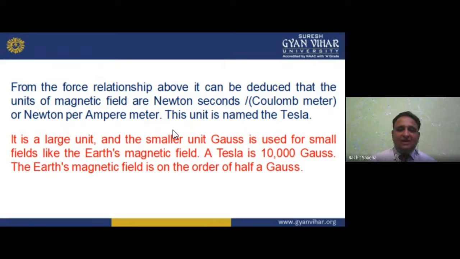The Earth's magnetic field is on the order of half a Gauss. So for the Earth's magnetic field we use Gauss, since 1 Tesla is 10,000 Gauss. I hope you understand.